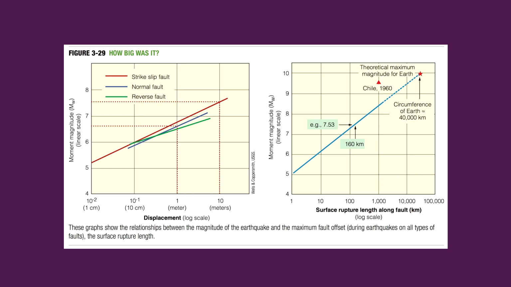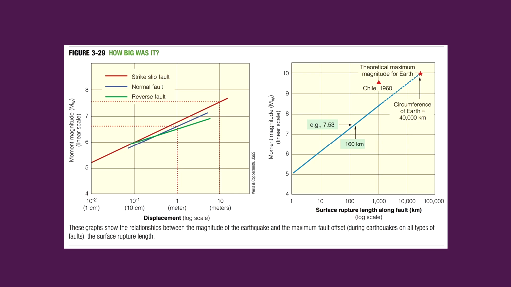Now, there is another set of curves, generated based on empirical relations. These curves show the relationship between the magnitude of the earthquake and the fault offset. Different types of faults, strike slip fault, normal fault and reverse fault, which we will come to, are given by different colored lines.